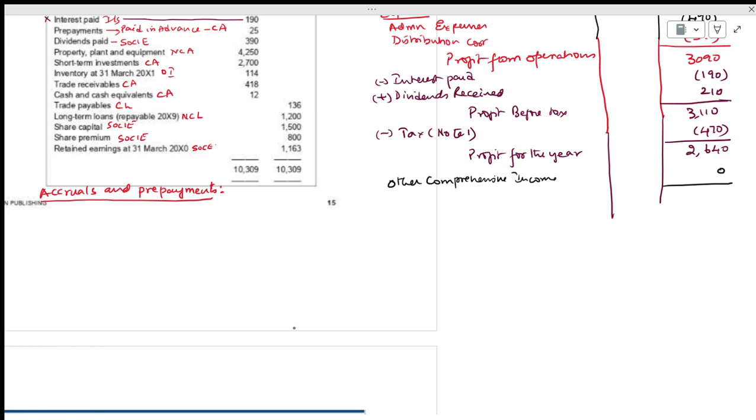No. If you see the marking scheme, the examiner report, the review, they say that for zeros also they will give you marks. How much is there? 2,640. This is called total comprehensive income. Is it okay?